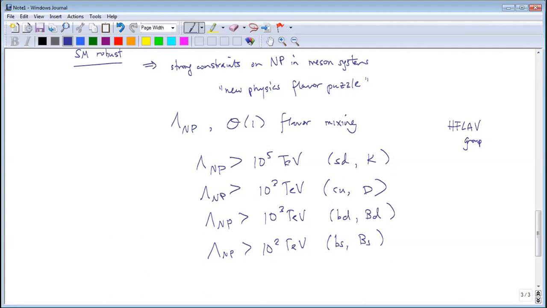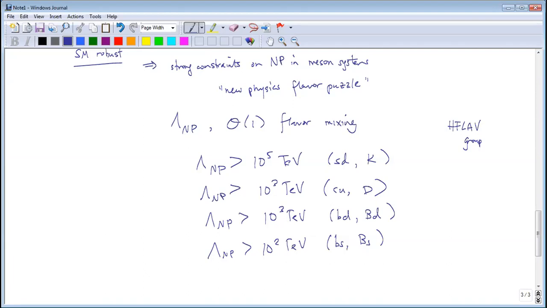But if you imagine that there is new physics at the TeV scale, then the question becomes, how do we have to write down theories in which these order 1 flavor mixing parameters are controlled very strongly? You can see the biggest place where they're important is in the kaons, but they're pretty severe everywhere. Okay? So this is the new physics flavor puzzle.